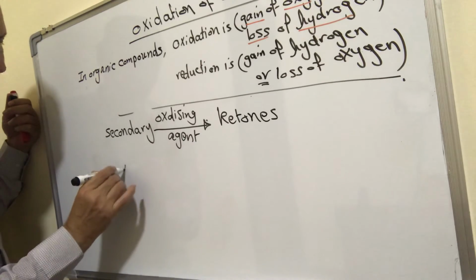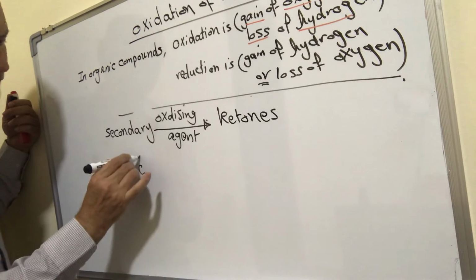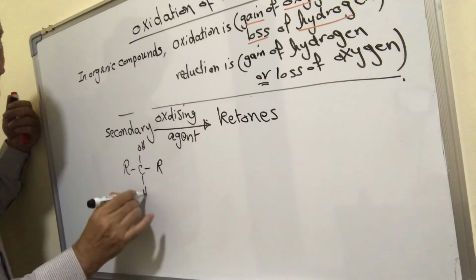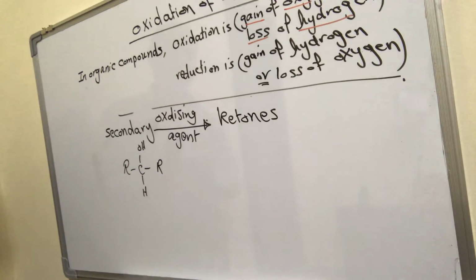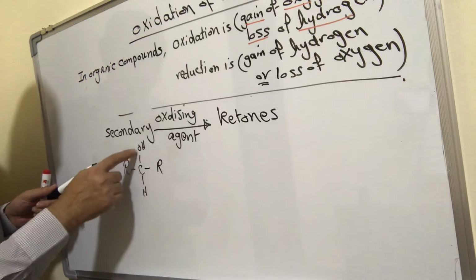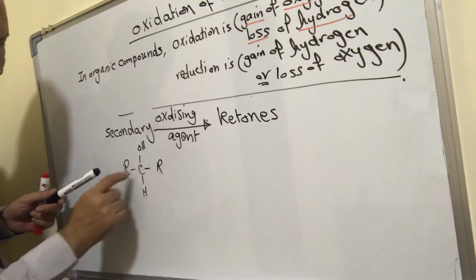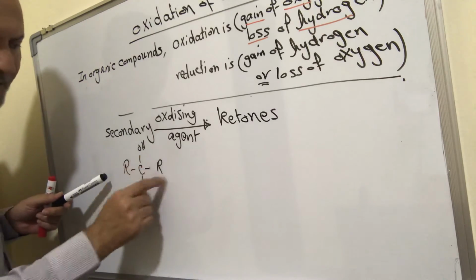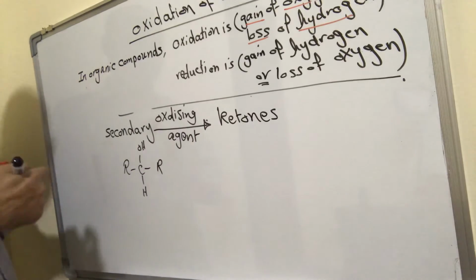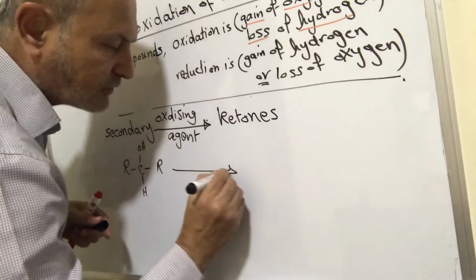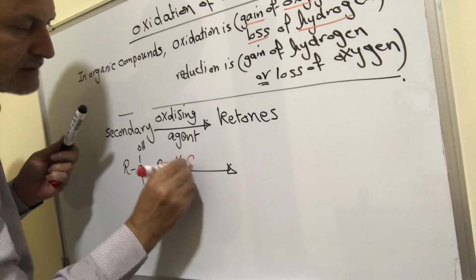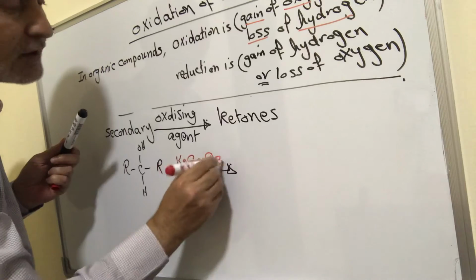For example, let me write it in the general formula. This is the general formula for a secondary alcohol. If you go back to the beginning of the video, we said that if the carbon that holds the OH is bonded to 2 carbons and 1 hydrogen, the carbons are represented by R chain here, it is secondary. What you should do is the same thing, K2Cr2O7 or KMnO4.